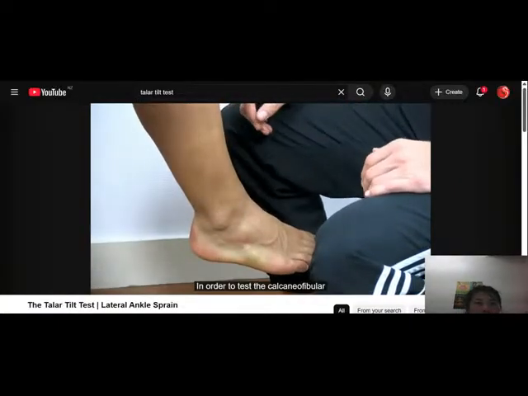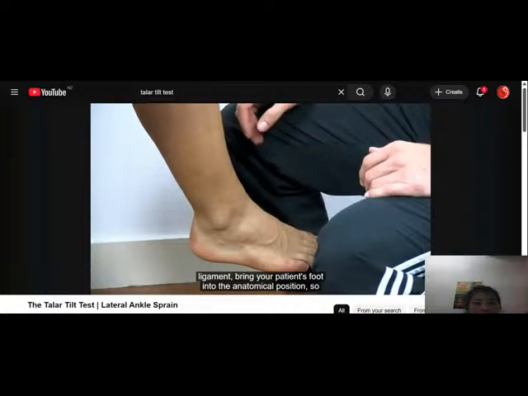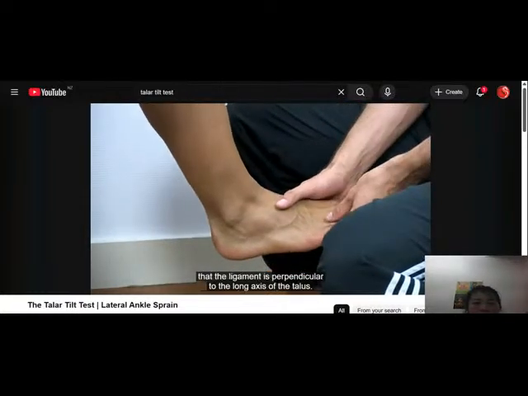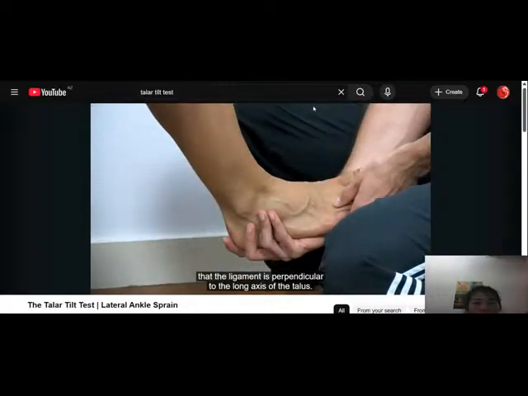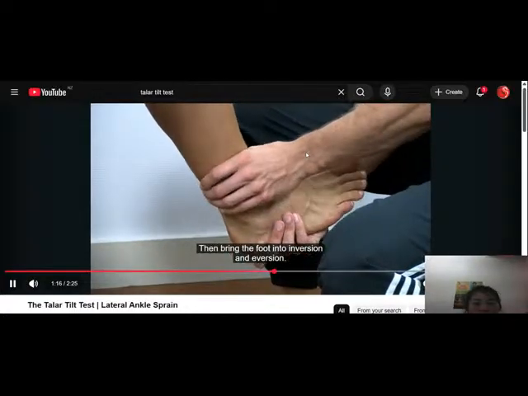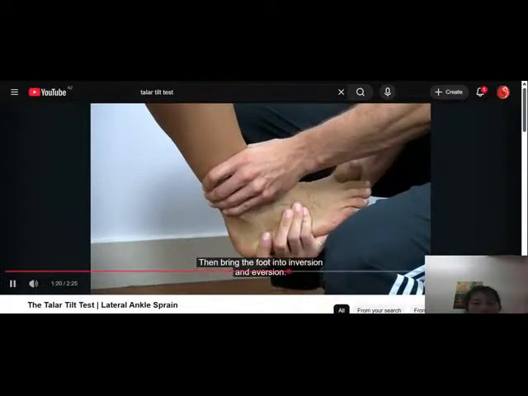In order to test the calcaneofibular ligament, bring your patient's foot into the anatomical position so that the ligament is perpendicular to the long axis of the talus. Then, bring the foot into inversion and eversion.